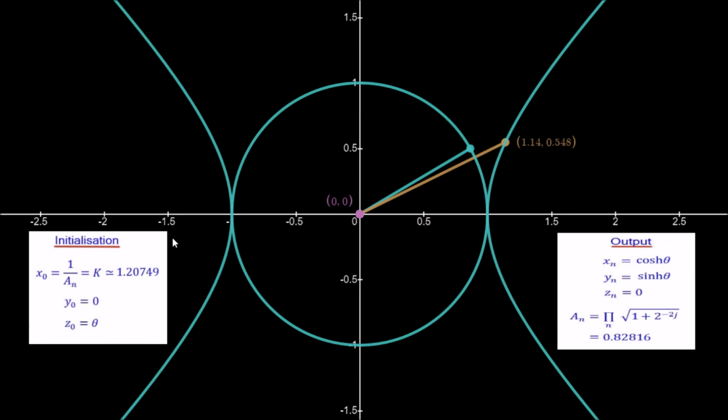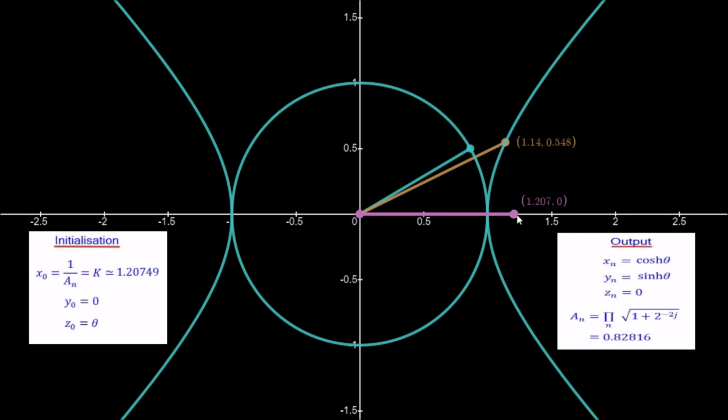Now what we want to do is initialize the simulation. So we want our value for x0 to equal this 1.20749, and the y value is going to equal a value of 0.